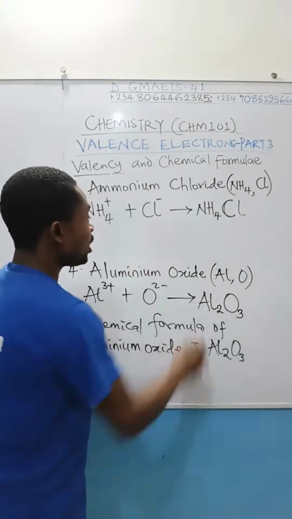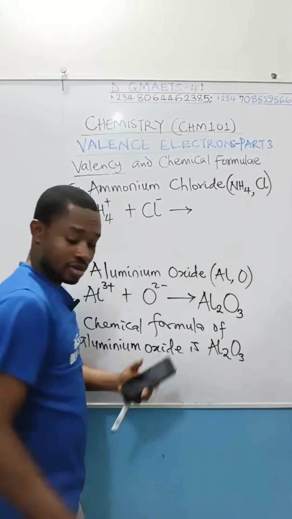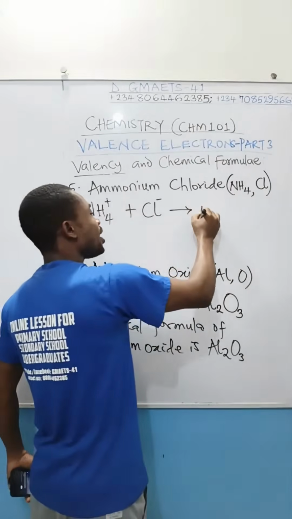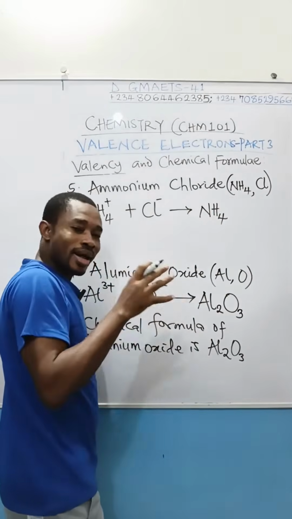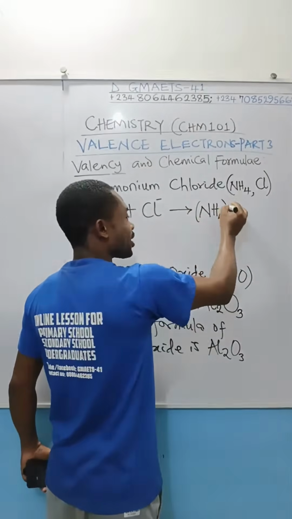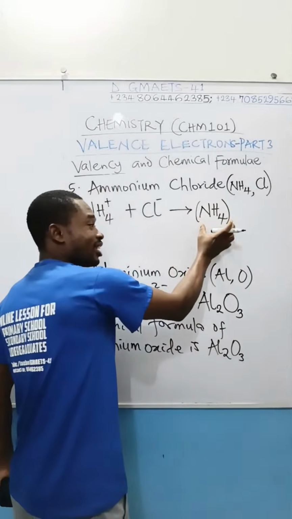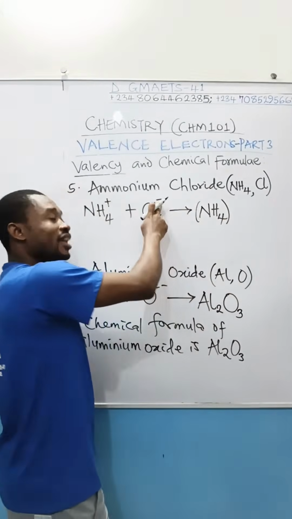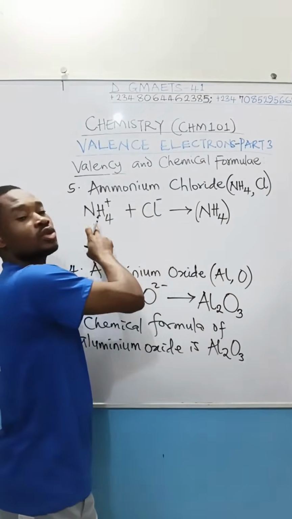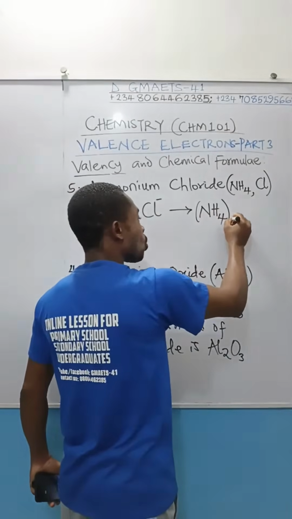Like I said, let me rewrite this again because it seems like the network interfered. You will write ammonium, which is NH4. Normally, it is meant to be in brackets. Then you write the atomicity of this NH4 outside here. And the atomicity is the valency that chlorine is giving to that ammonium. Chlorine is giving it a valency of 1.